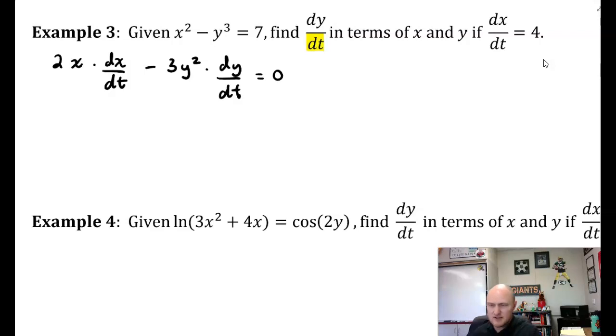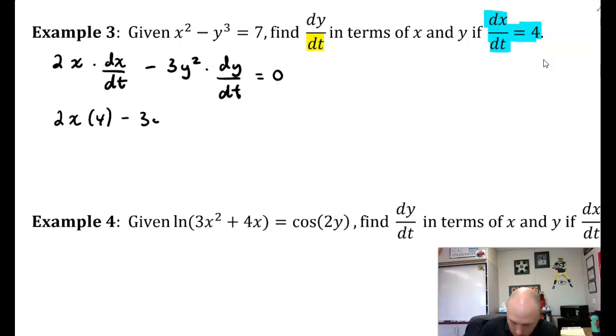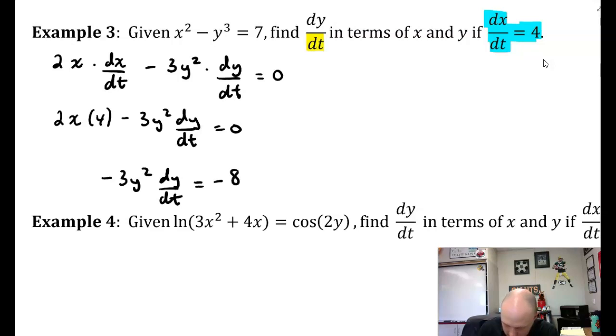So now they say, what if dx/dt is 4? We can substitute that in here. So 2x times 4 minus 3y squared dy/dt. And again, I need to find dy/dt. So it looks like negative 3y squared dy/dt is equal to negative 8x.